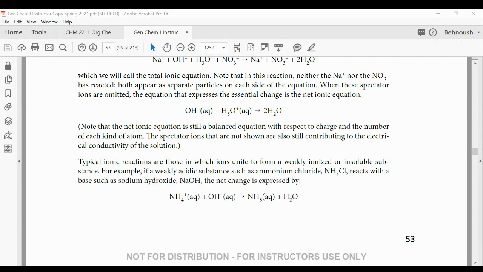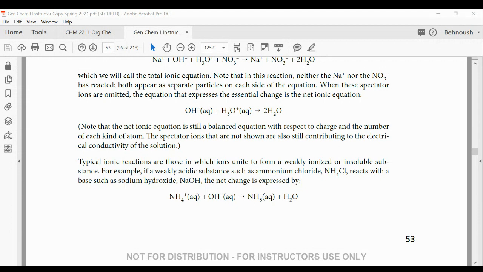Another class. Hannah or Kate? One of you. So what would be another class? All acids create ions. Strong acids create lots of ions. Weak acids create a limited number of ions.